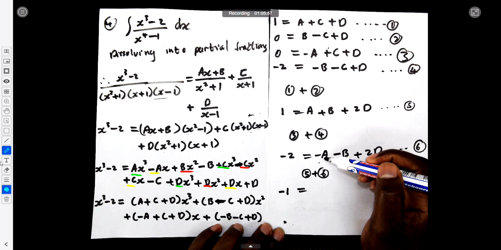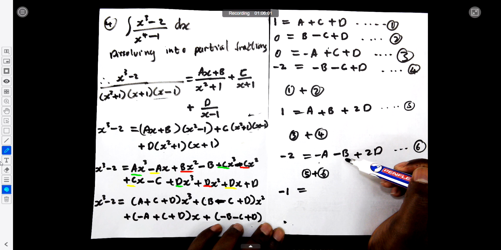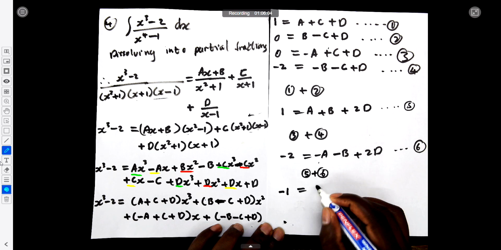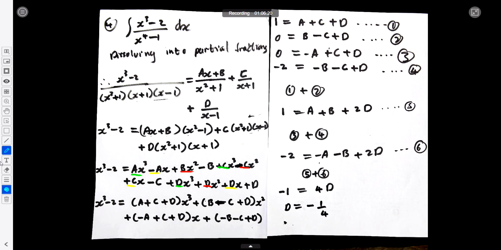Therefore, A minus A, it's out, 0. Then B minus B, it's out, then 2D plus 2D, so we have 4D. Therefore, at least now we can solve for D, isn't it? So therefore, D is equal to negative 1 over 4.